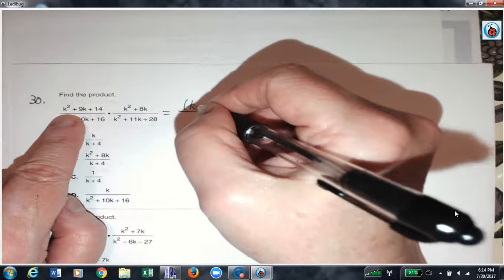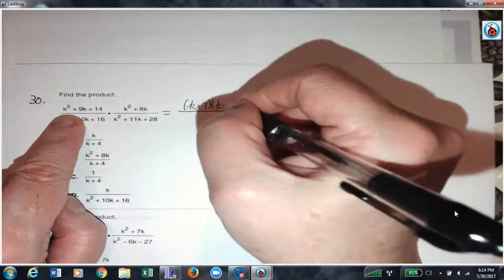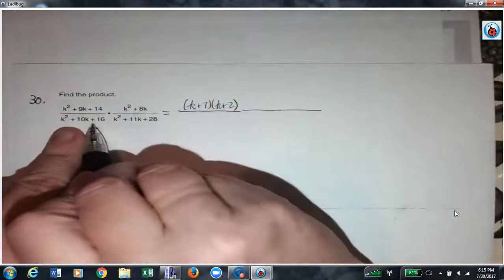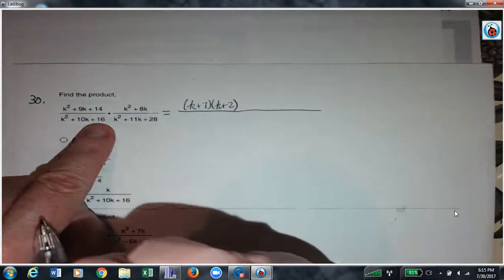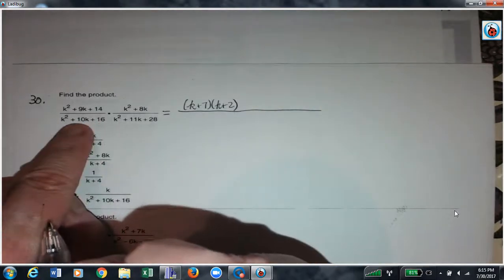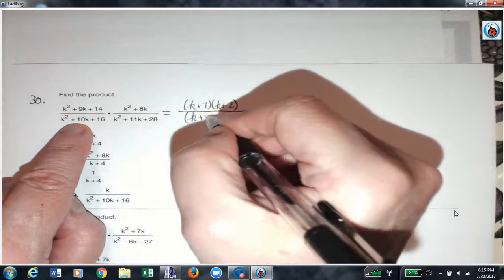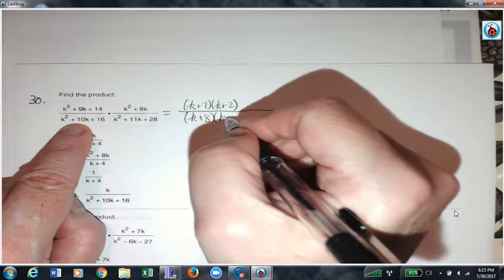So k plus 7 times k plus 2. And here, two numbers that multiply together to give me 16 but add up to give me 10, 8 and 2. So k plus 8 times k plus 2.